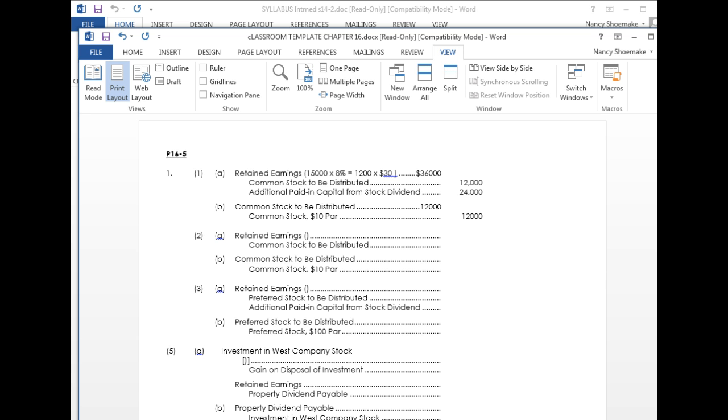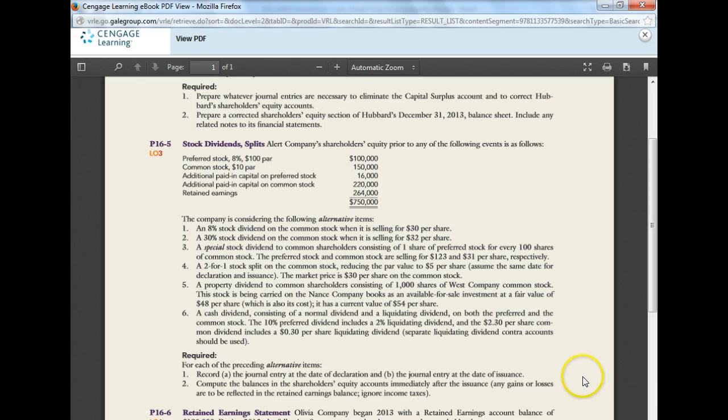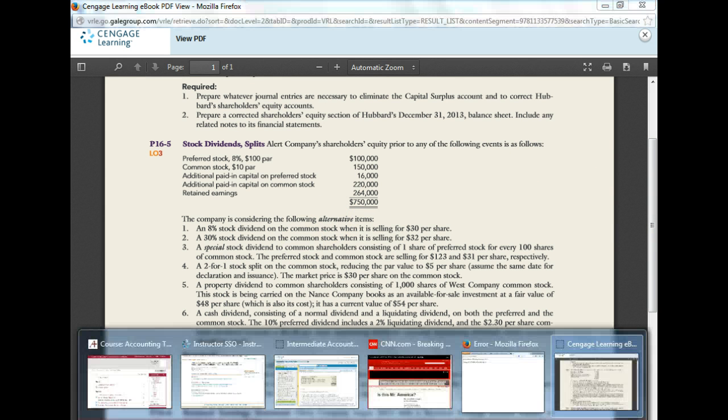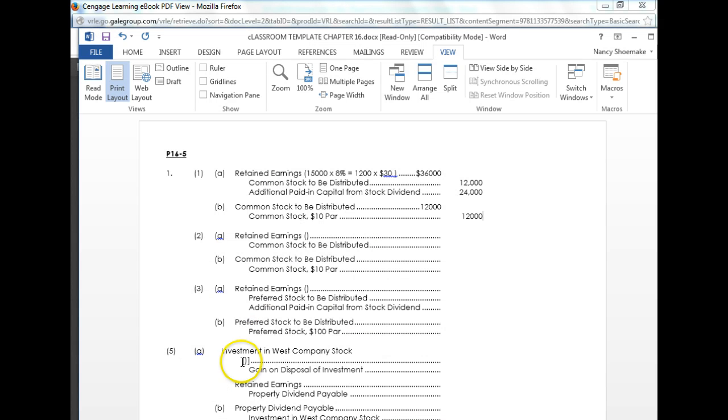Okay, so the next one, number 2. A 30% stock dividend on the common stock when it is selling for $32 per share. So based on what we did the last time, we should be able to figure this out.